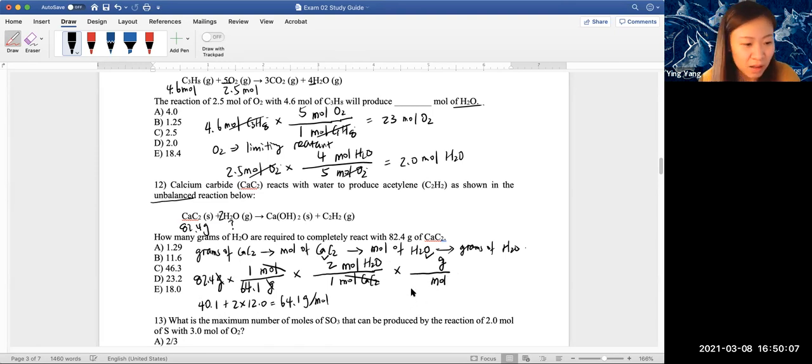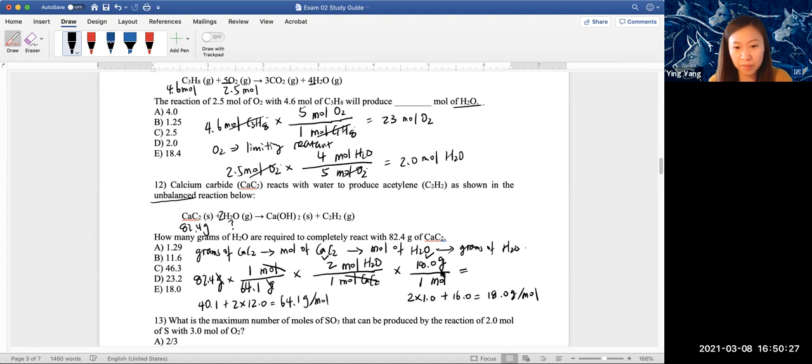Now for water, the molar mass is 2 times 1.0 for hydrogen and 1 times 16.0 for oxygen. So this is just 18.0 grams per mole. This is water. So 1 mole of water weighs 18.0 grams.